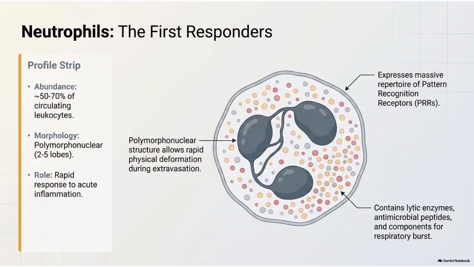They also express pattern recognition receptors that allow them to recognize conserved molecular patterns associated with microorganisms and tissue injury. And once activated, neutrophils can migrate rapidly towards affected tissue, engulf microbes through phagocytosis, expose those microbes to antimicrobial granule contents, and generate reactive oxygen species through the respiratory burst.